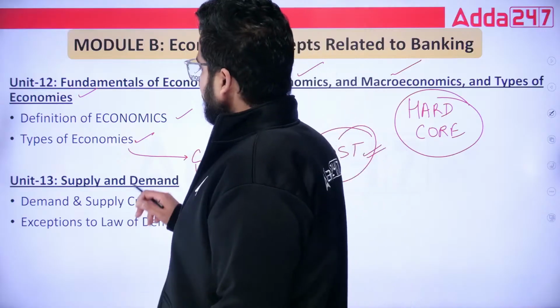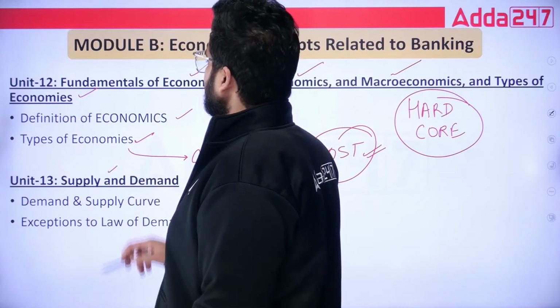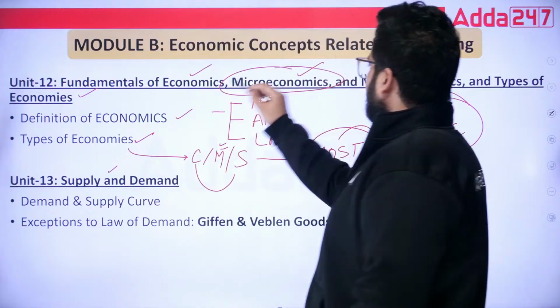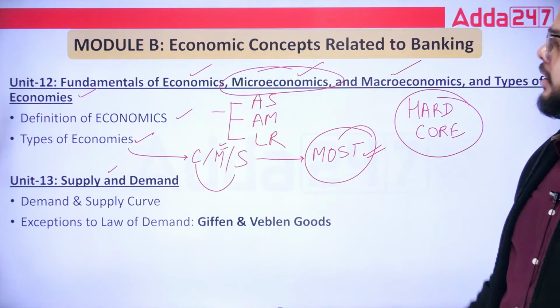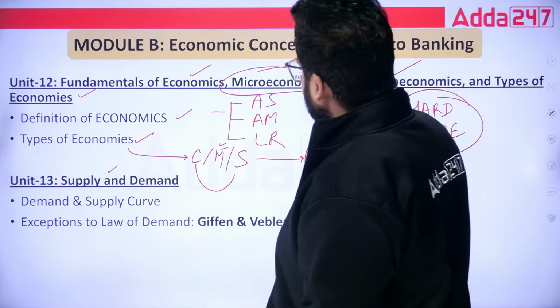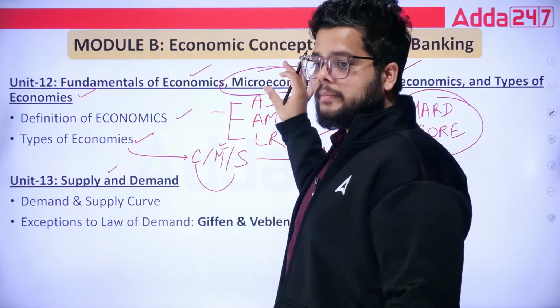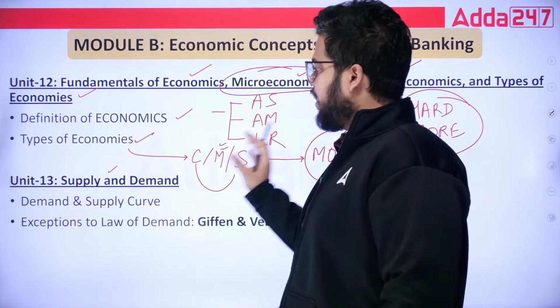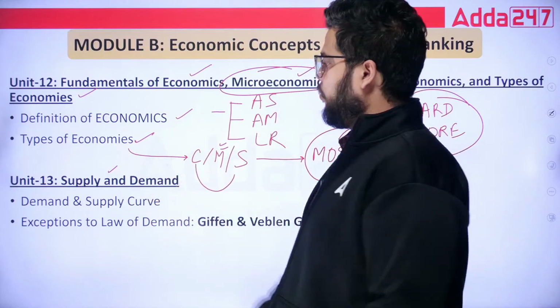Next comes unit number 13, supply and demand, which is just an extension of the topic, that is microeconomics. The sub-categorized topic of economics as a subject being microeconomics, we are talking about supply and demand there only.